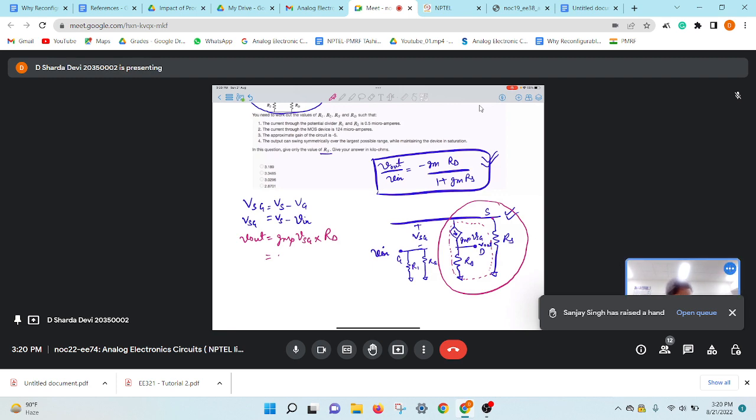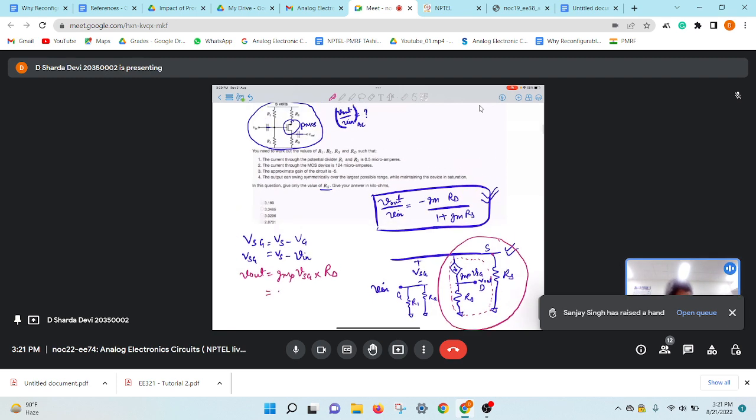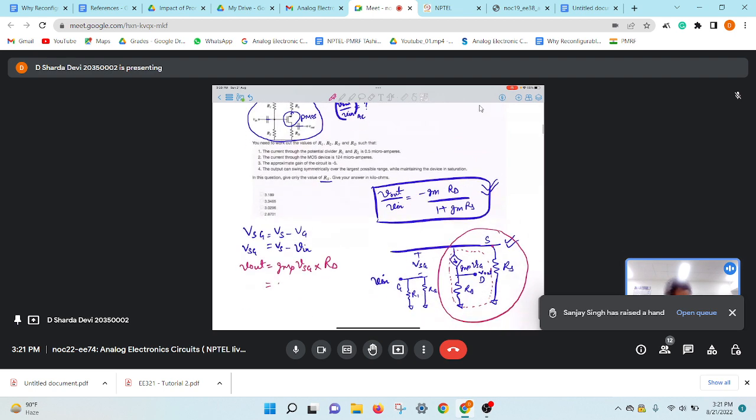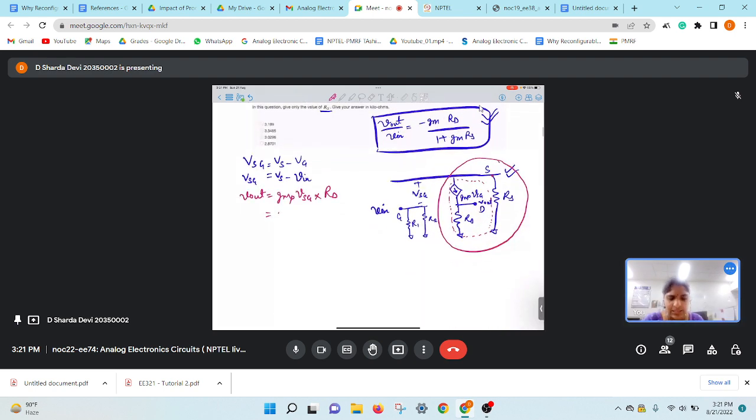If you want, you can consider it, but here it was not mentioned, so to make it very simple, I have simply neglected it. So here it is gmp times (Vs minus Vn). So everywhere we can see that this Vs is actually an issue.